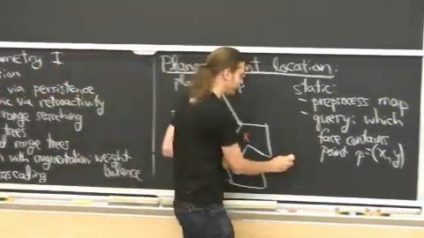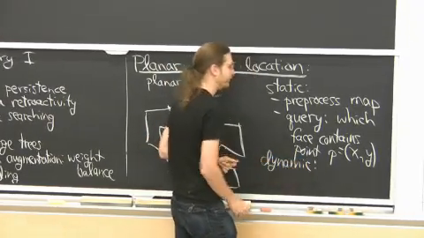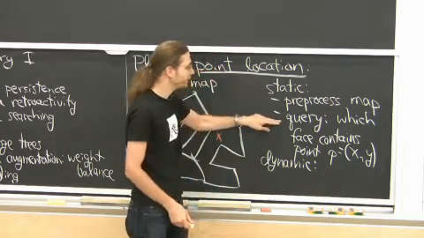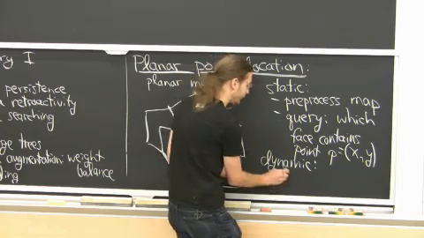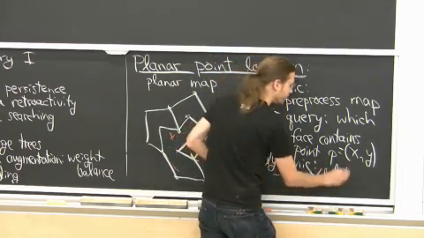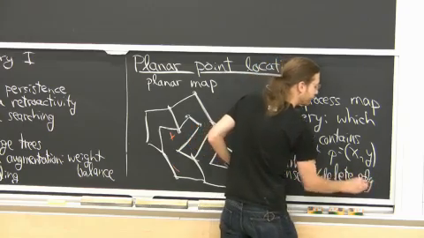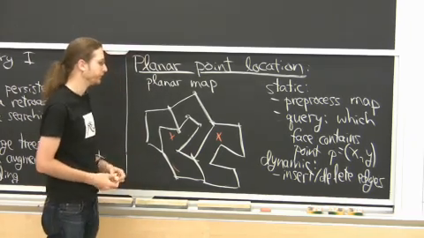That's the static version. The dynamic version, make things harder, is the map is dynamic. So here the map is static. The queries are still coming online. Dynamic version, you can insert and delete edges in your map. And let's say if you get a vertex down to degree 0, you can delete the vertex as well, add new degree 0 vertices.